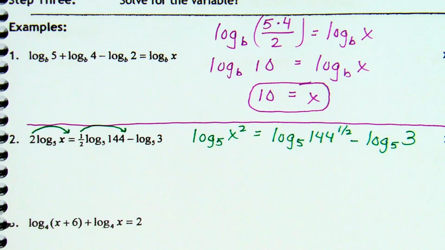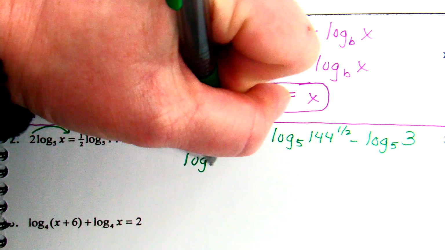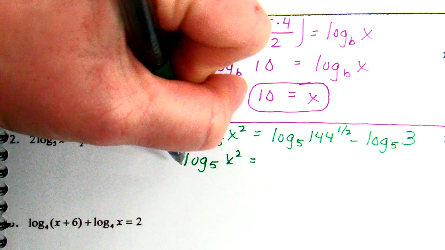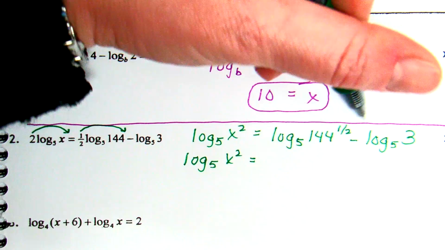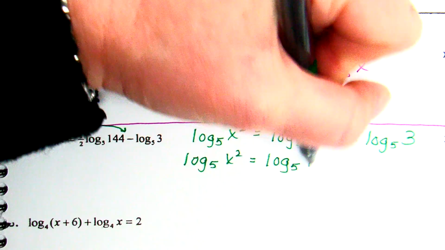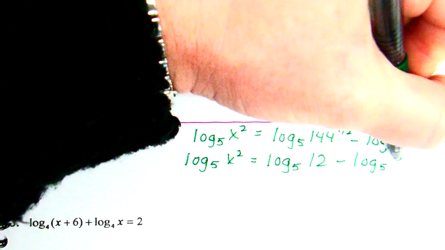What do we know about that 1/2 power? It's a square root, yes? And so, whenever you feel ready to in steps, I'm going to clean that up now. So log base 5 of x squared. So what is the square root of 144? 12. So now it's going to be log base 5 of 12 minus log base 5 of 3.